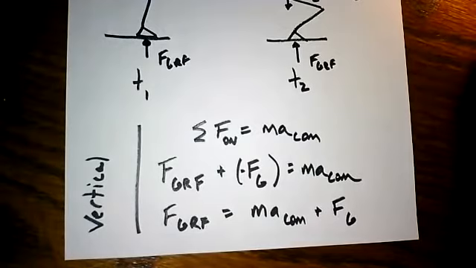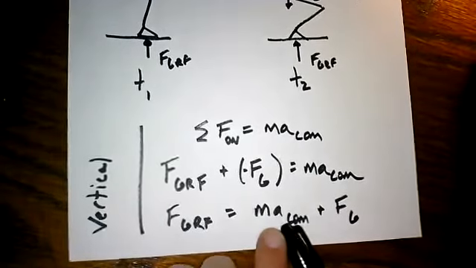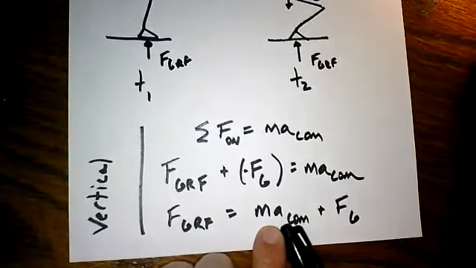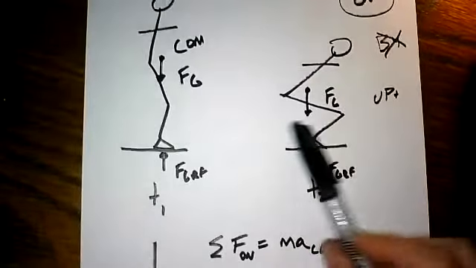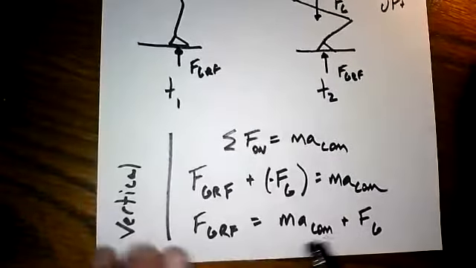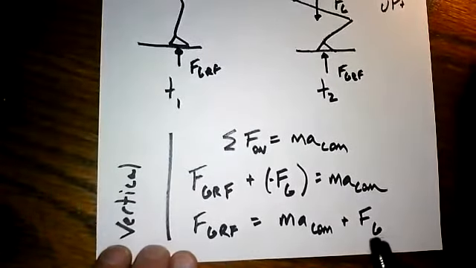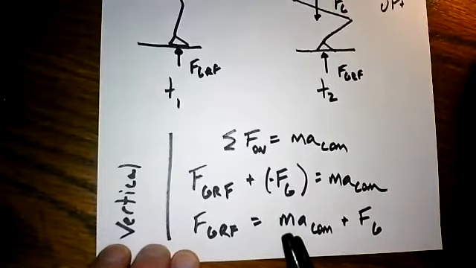So what I really want to do in this video is understand the acceleration of the center of mass. If we can understand the acceleration of the center of mass during a movement, we can understand the ground reaction force, because mass is a constant. The only things that will fluctuate in this equation are the ground reaction force and the acceleration of the center of mass.